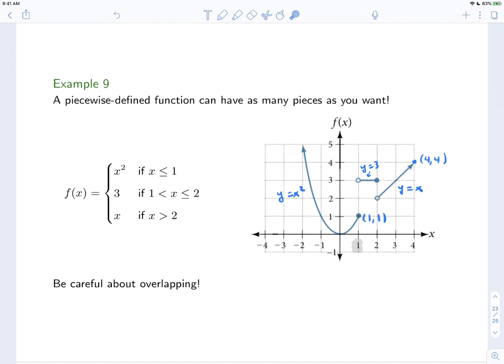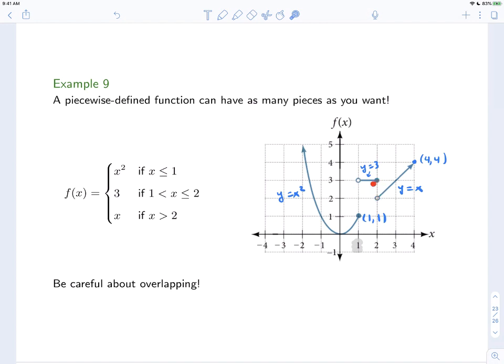Now it's important that one of those circles be filled and one be empty, because if both of these circles were filled, if I was to fill that in, notice now I don't pass the vertical line test. If both of those circles are filled in, it's no longer a function. So if the bottom one is filled here, then the top one has to be empty.